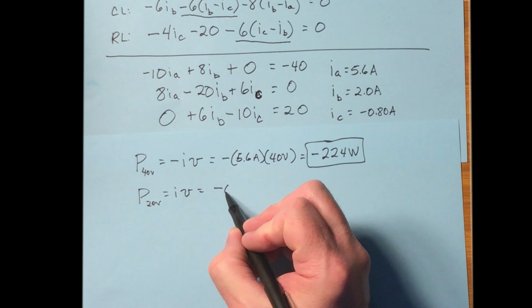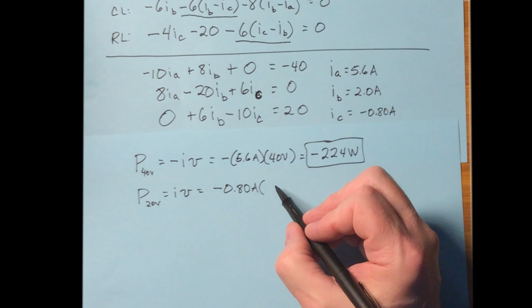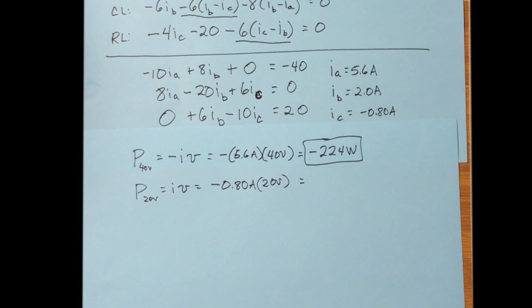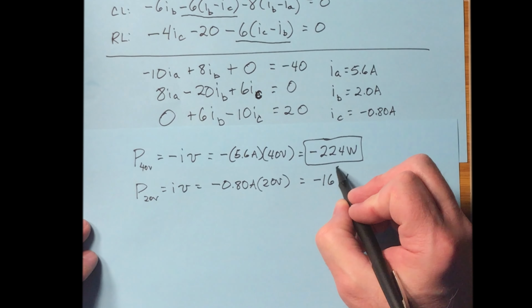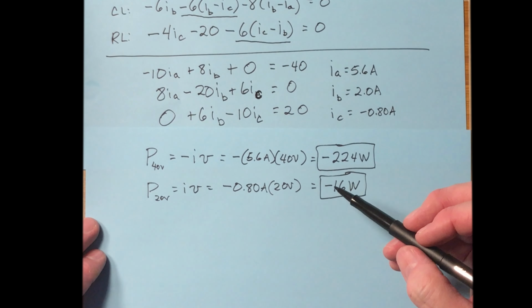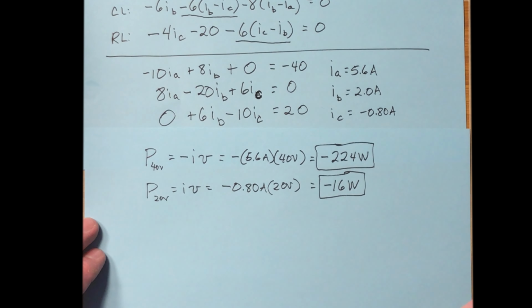So it's minus 0.80 amps times V of 20 volts. And that turns out to be negative 16 watts. So negative 16 watts, the negative sign indicates that it is delivering energy. So both of the sources are delivering power.